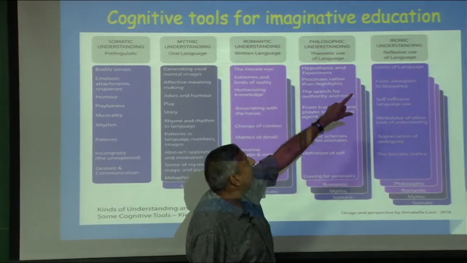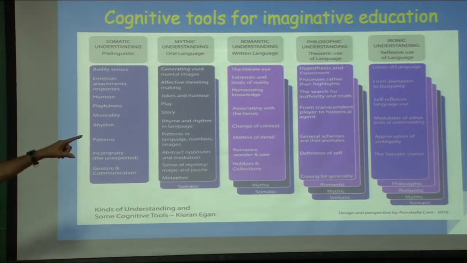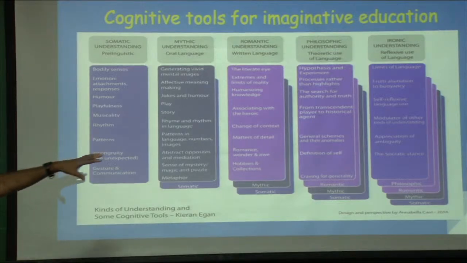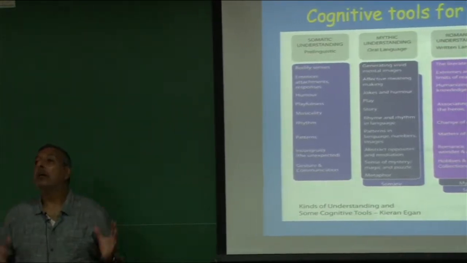Theoretic use of language and reflexive use of language are for older kids, and that last one is actually probably more appropriate for those of you students in the audience, because you're at the stage where you're looking for a bigger picture.